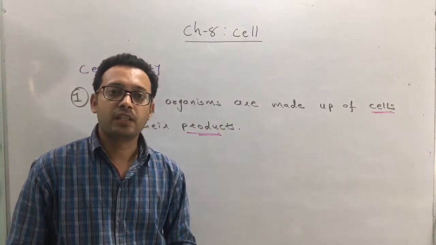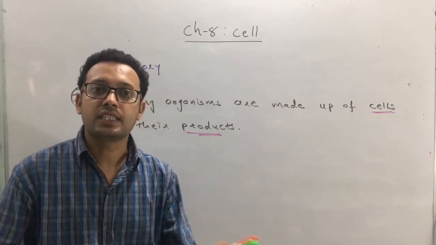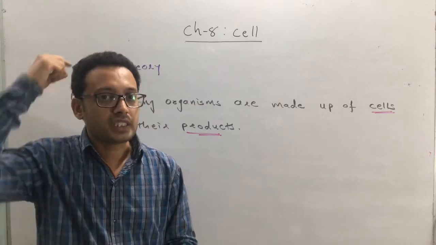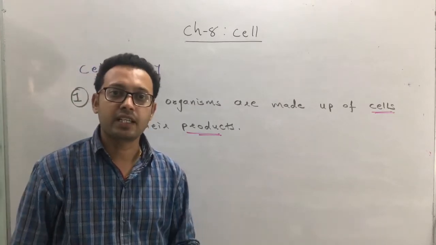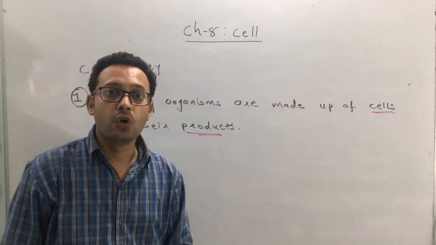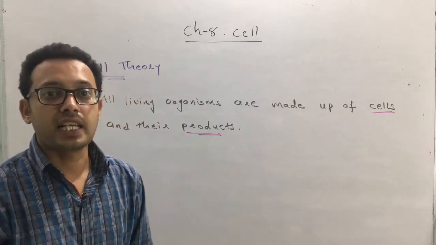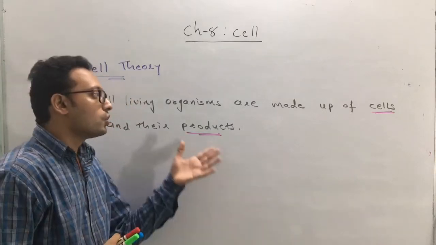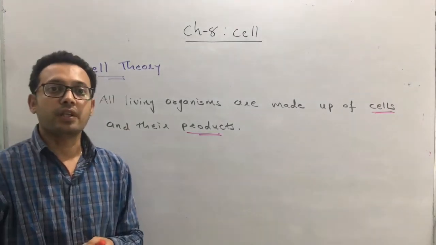For example, you can see your nails. Nail is a cell product. Or hair, hair is a cell product. Or similarly feather, claw, horns. They are not cells, they are cell products. So all living organisms are made up of cells and their products.